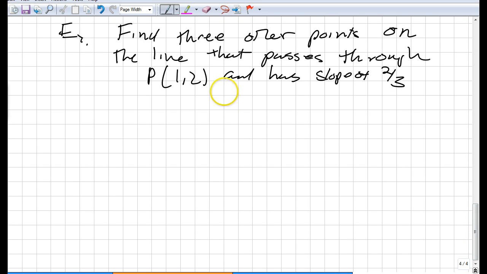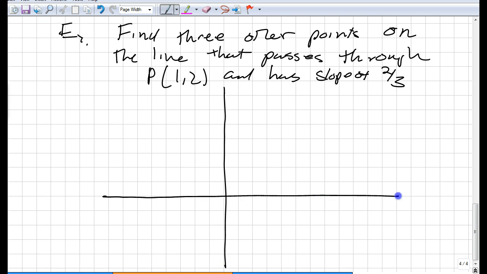So what we do is we go to our coordinate plane and we plot the point that we know. So we know 1, 2, so over 1 up 2. So we know that point is on the line.